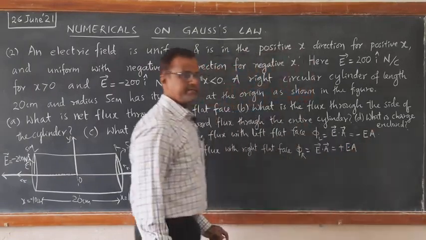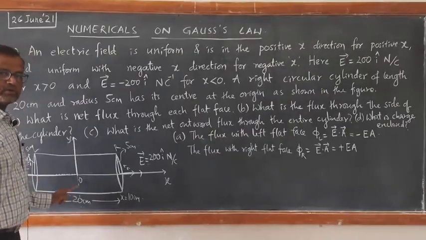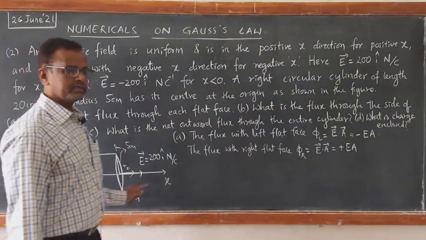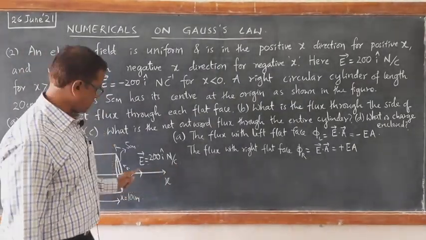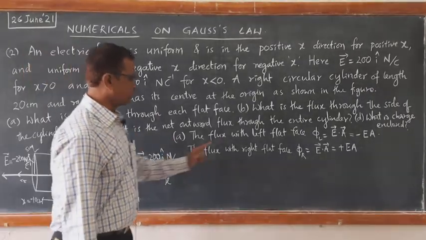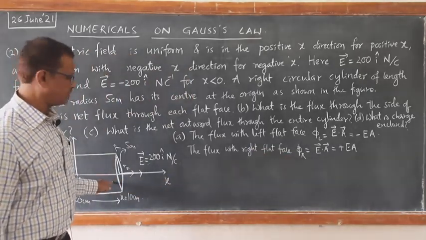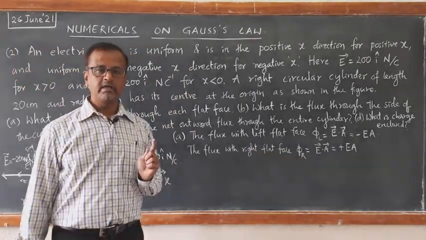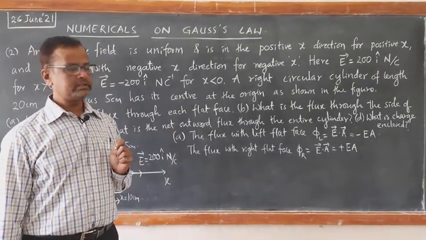Here it is minus EA because the electric field is acting along the negative x-axis, which is uniform from the origin, and here the electric field is uniform along the positive x-axis. Therefore, the flux linking with the right flat face is positive, and the flux linking with the left flat face is negative.